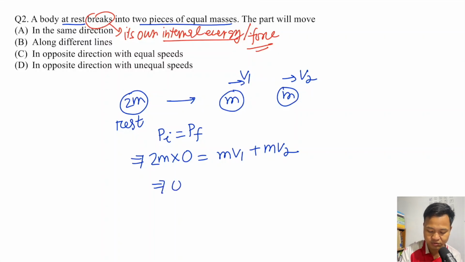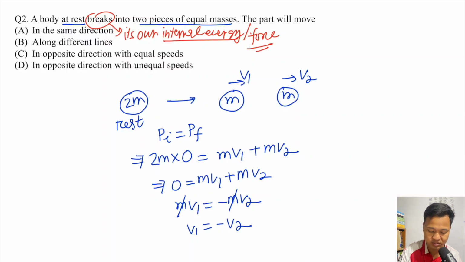So 0 equals m v1 plus m v2. Transferring, I have m v1 equals minus m v2, m gets cancelled out, so v1 is equal to minus v2. These are actually velocity vectors, so I can put a bar here.